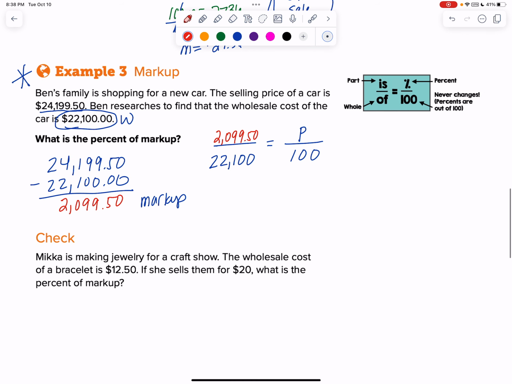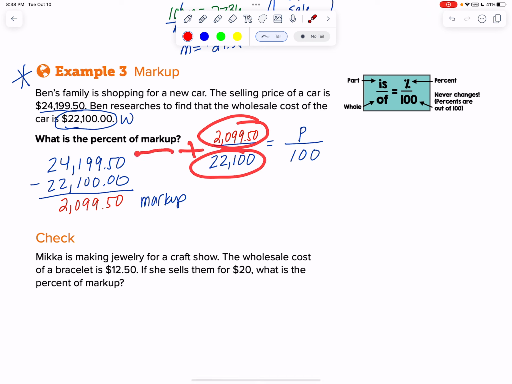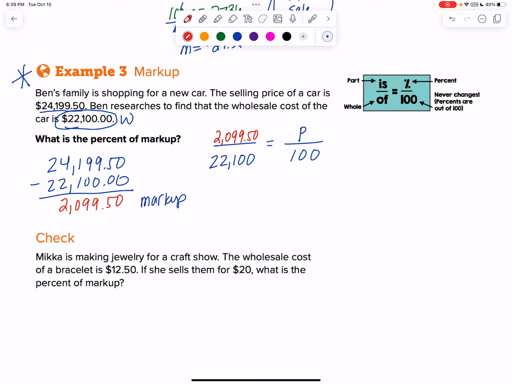Okay, so that's the trickiest part of this, is realizing that the sale price, okay, is the markup. It's really like, if I highlight this, it's this plus this equals the sale price. Okay, so that's just something to be aware of. So to get this number, I have to subtract the sale price minus the original whole price to get that markup amount.